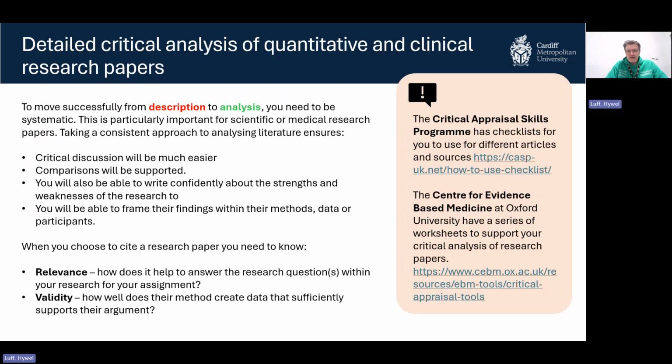So there are two places that you get them from, and others possibly as well. Okay, CASP is a very, very good site because it's about critical appraisal. As you see, they're the Critical Appraisal Skills Program. Okay, and they have a checklist there. I'm just going to adjust my screen for a moment, so bear with me for a second. There we go.